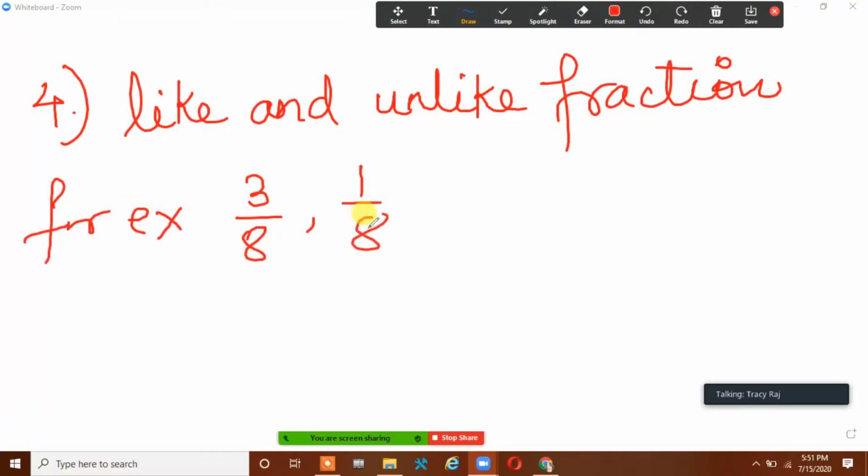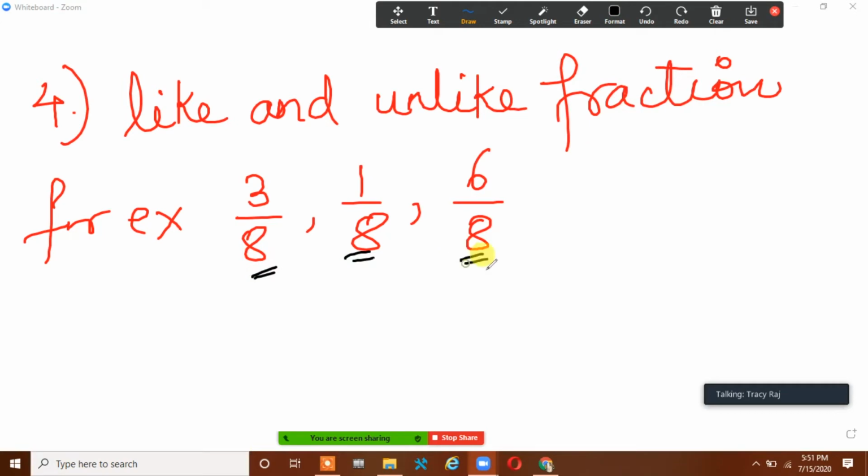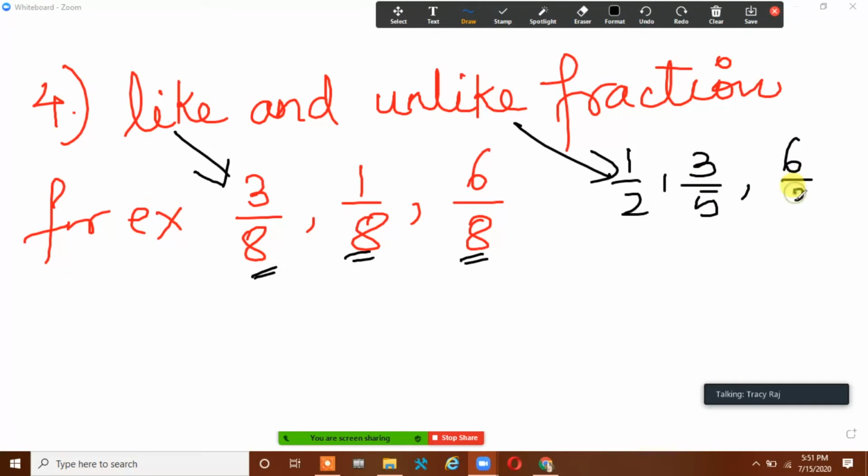See, 8, 8, 8, so they are called like fractions. For unlike, just the opposite, when the denominators are different. So 1 by 2, 3 by 5, 6 by 3, in all these you see the denominators are different, so they are called unlike fractions, and the earlier ones are like fractions because their denominators are the same. I hope up to here it is very clear to all of you.